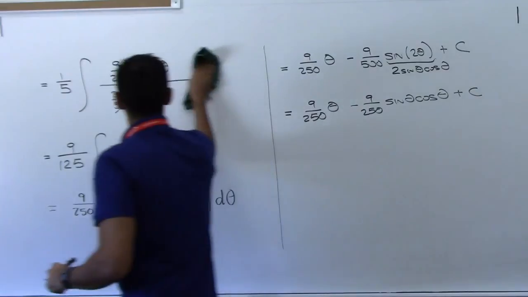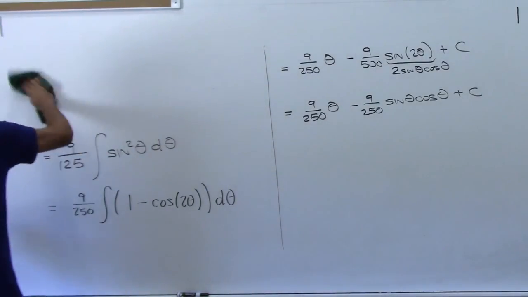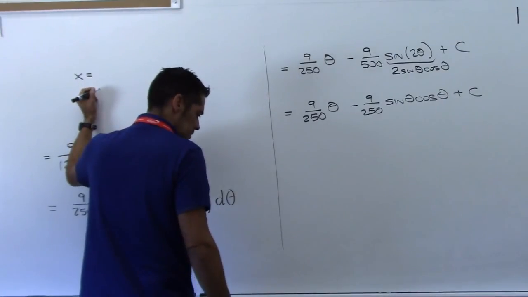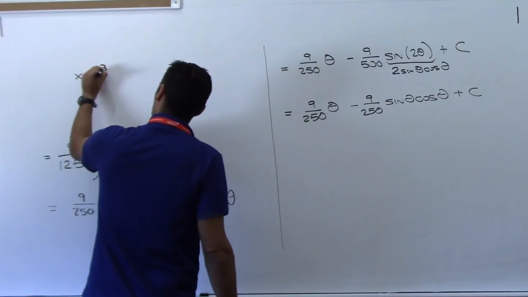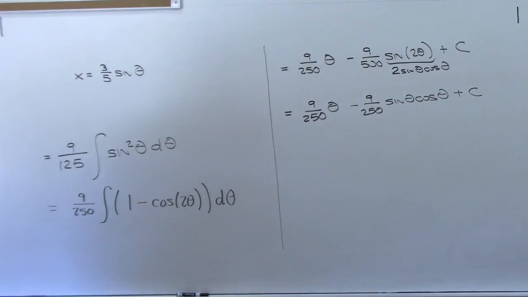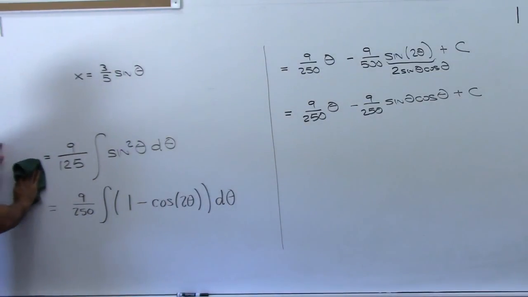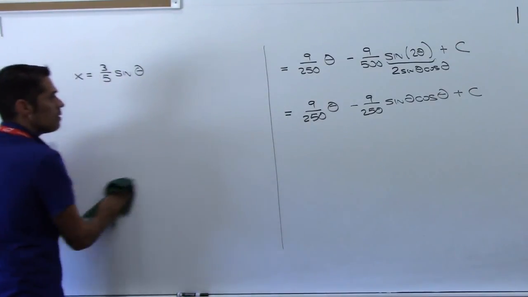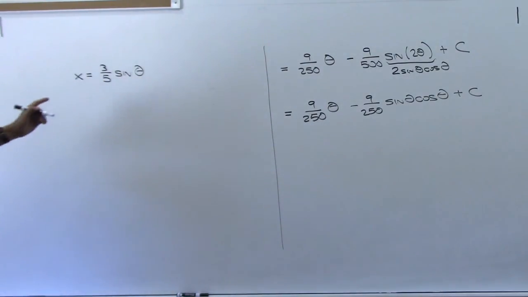I'm going to need a reference triangle. My original substitution was x equals 3/5 sine theta. Was that it? Yeah, 3/5 sine theta.